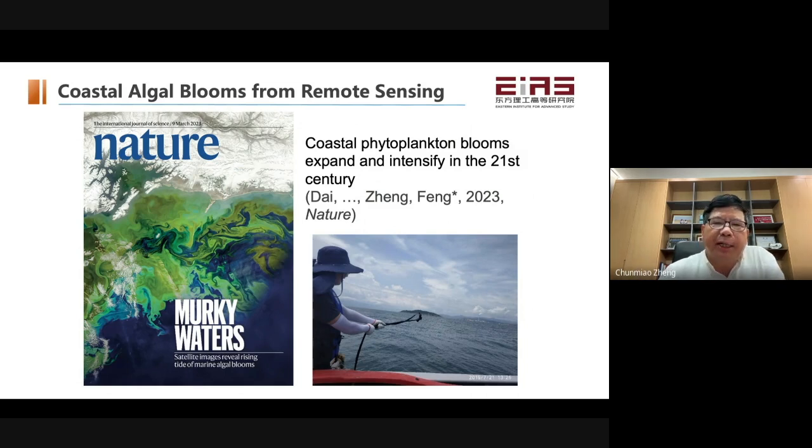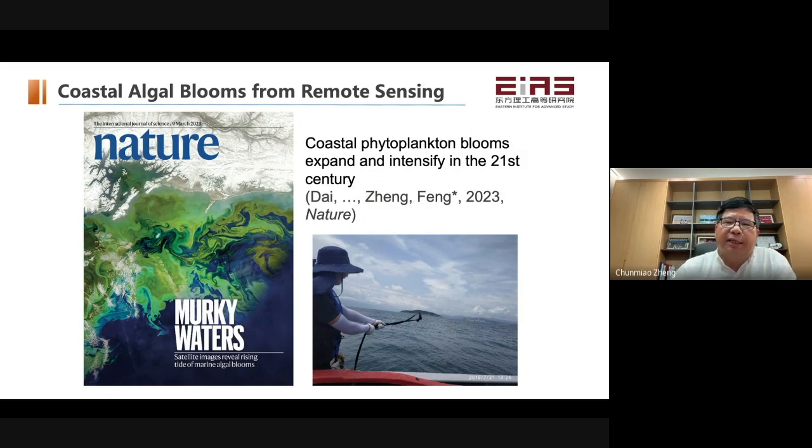So my team developed this remote sensing approach, and we can directly observe and detect the algae bloom for coastal regions, not just in our study area, but also globally. This work is very exciting. It was published in 2023 as a Nature cover paper.